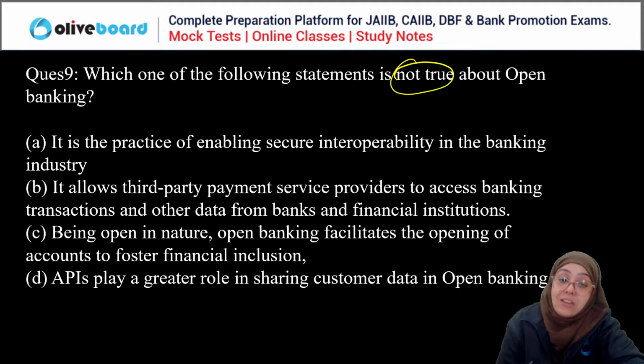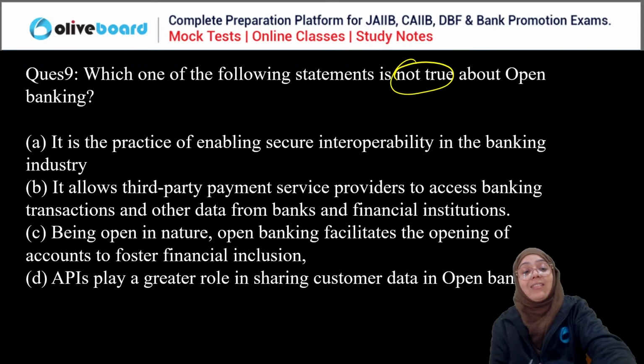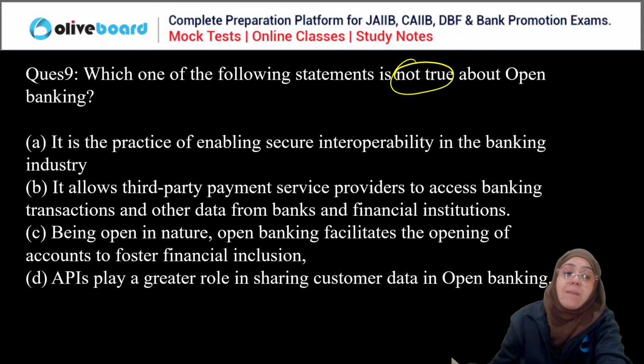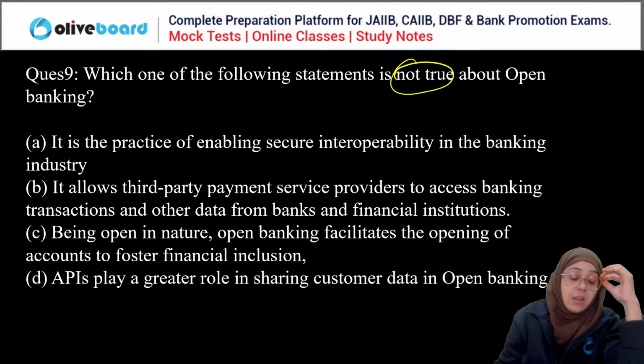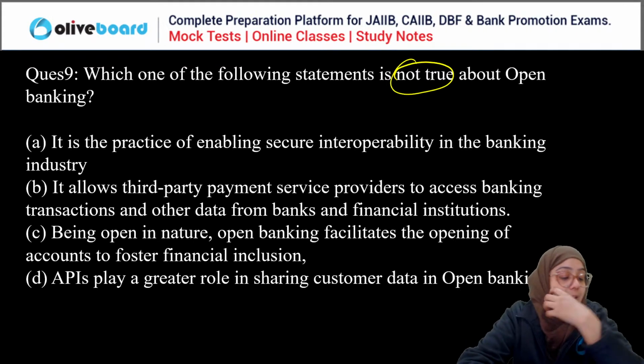Fourth, APIs play a greater role in sharing customer data in open banking. Which statement is not correct regarding open banking?